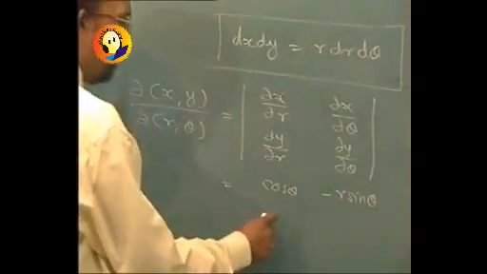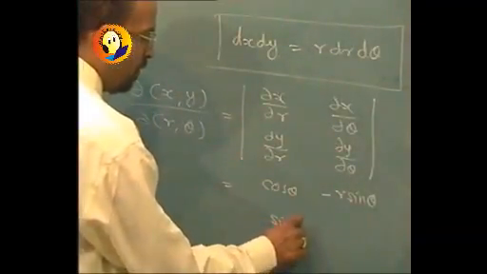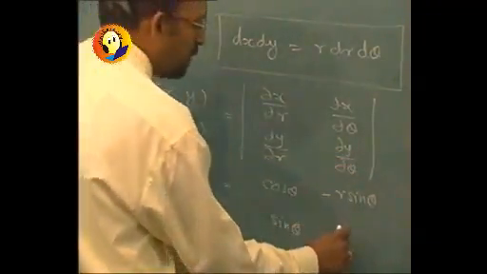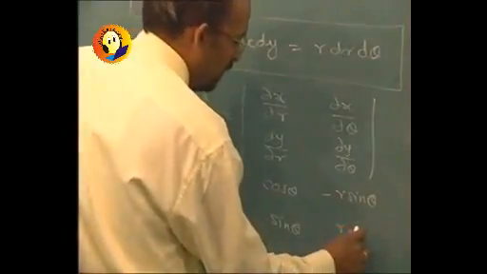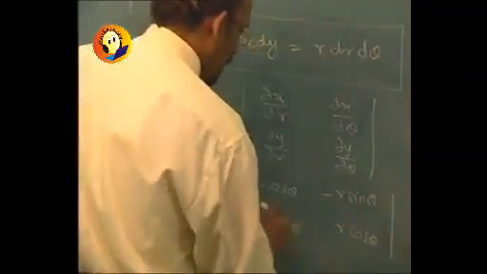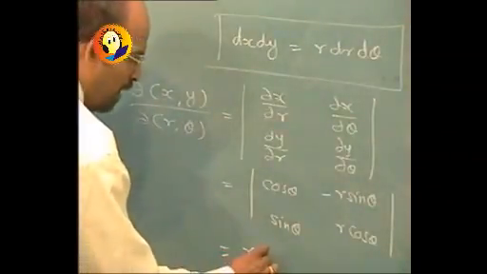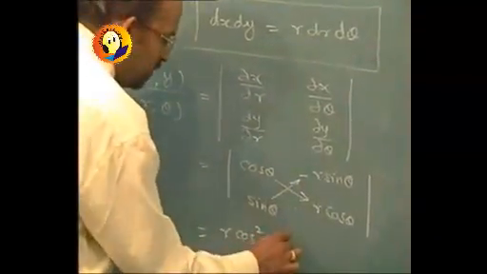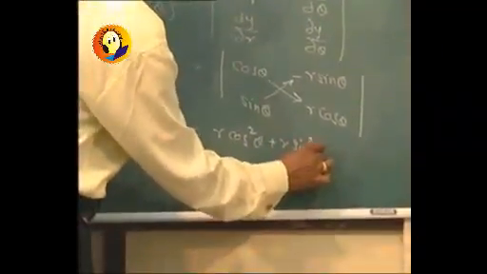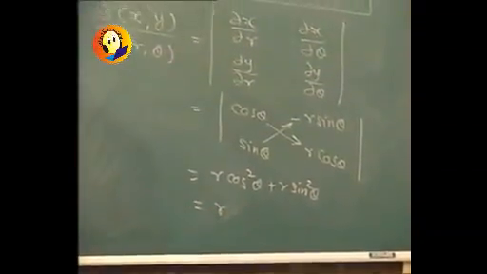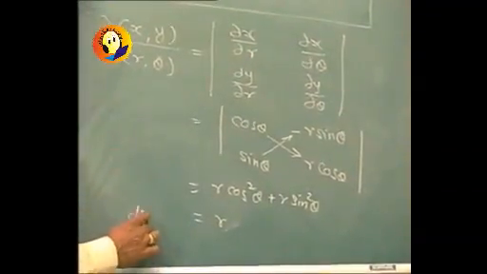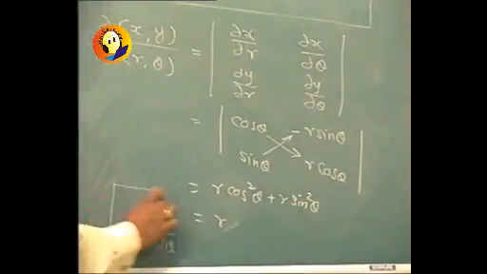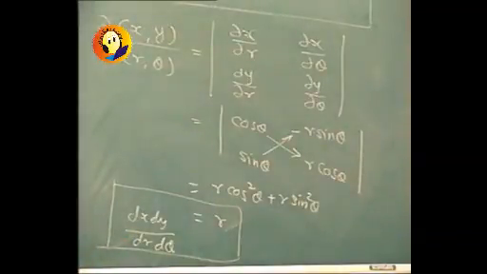Del y by del r will be simply sin theta, and del y by del theta, y is r sin theta, r is constant, the derivative of sin theta is cos theta, so this will be r cos square theta plus r sin square theta, so it will be simply r, and this is equivalent to dx dy upon dr d theta, and you will find that dx dy is r dr d theta.